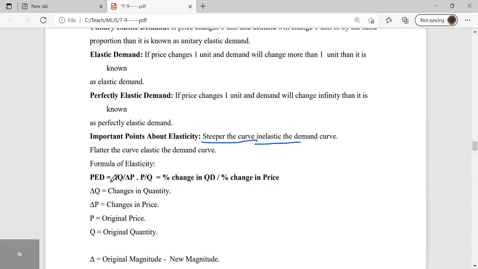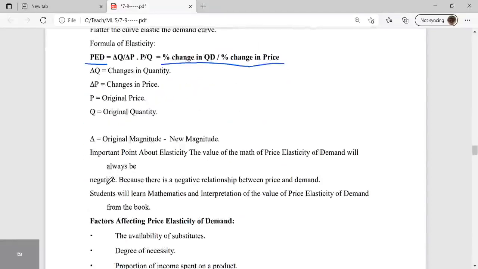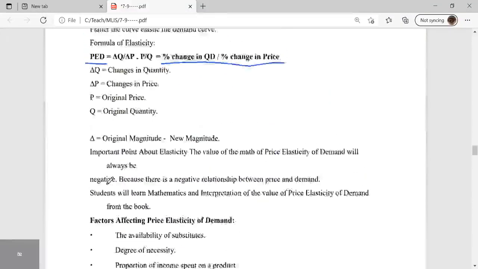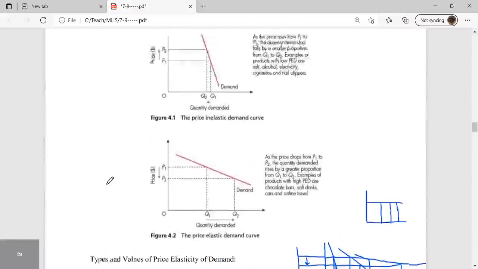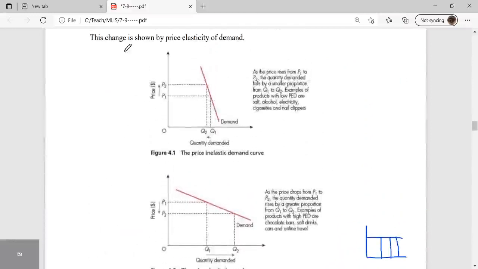So here's the equation or formula for PED. Percentage change in quantity demanded divided by percentage change in price. Okay, so that's the formula for PED. So you may get some math from there. Let's do a small math from here. Let's give some values over here, and from that we can do the calculation.